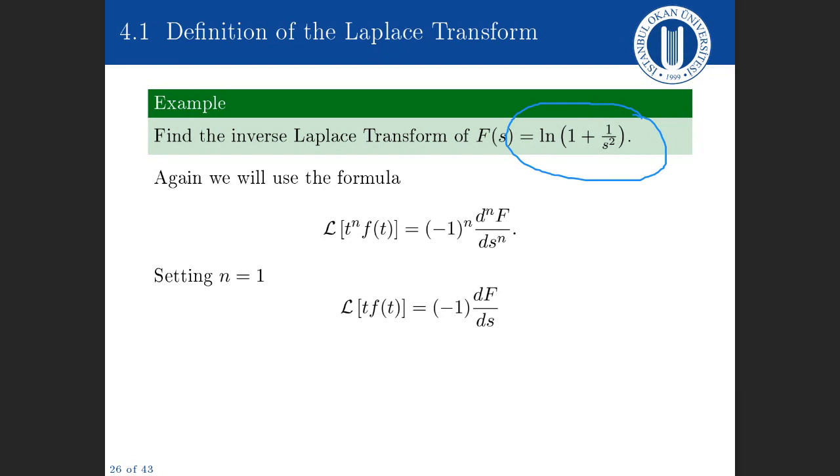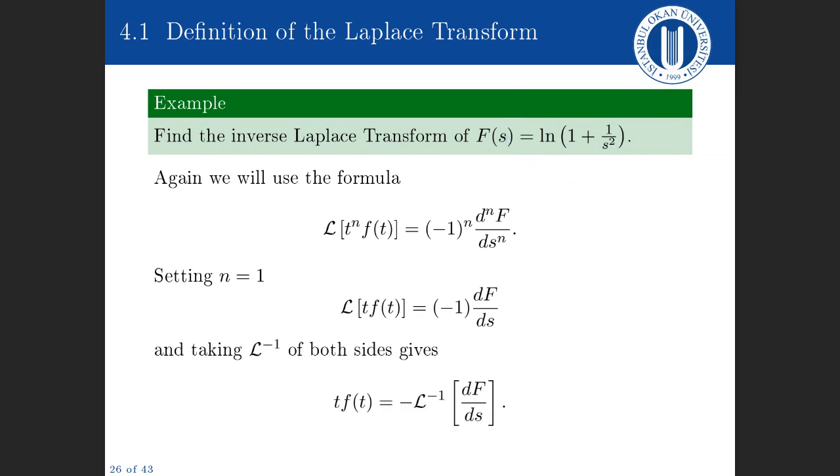But when we differentiate ln, we get 1 over something. And 1 over something, or something like it, appears on the table of elementary Laplace transforms. So we're going to be differentiating capital F, first multiplying it by minus 1, and then we're going to find the inverse Laplace transform of it. We're going to find that t multiplied by the answer that we want, small f of t, is minus the inverse Laplace transform of dF/ds. That's our strategy.